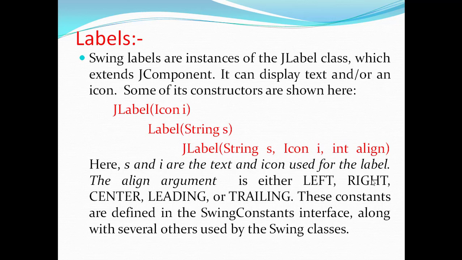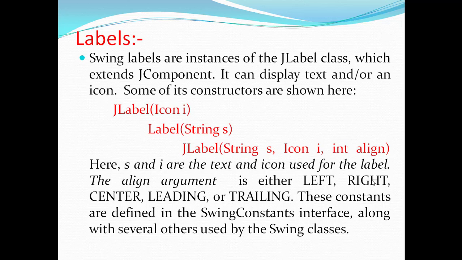It can display text and/or an icon. On this label we can take the icon as well as text, or simply icon, or simply text, or a combination of these two. Some of its constructors are shown here.